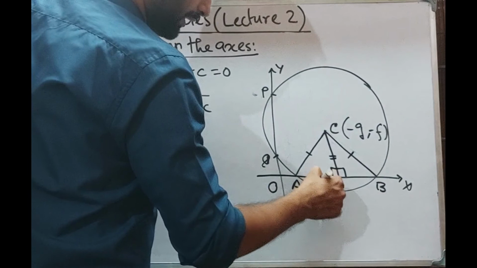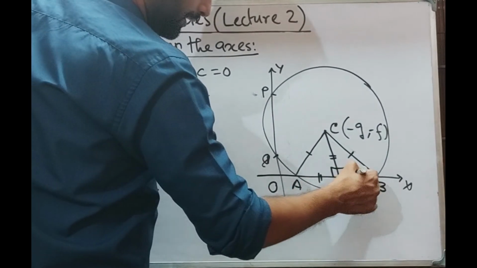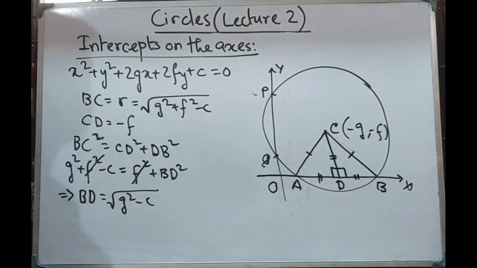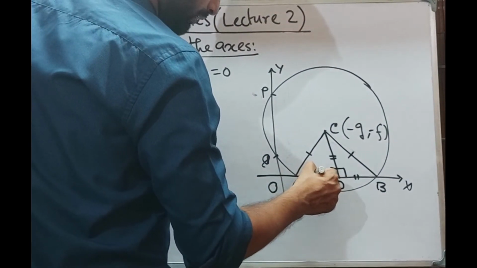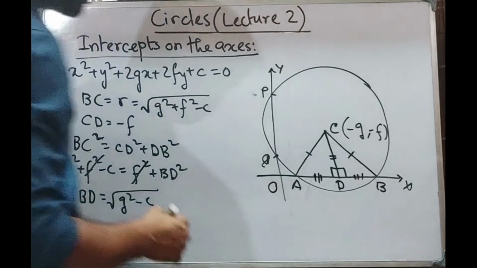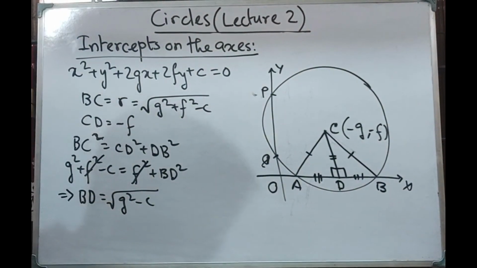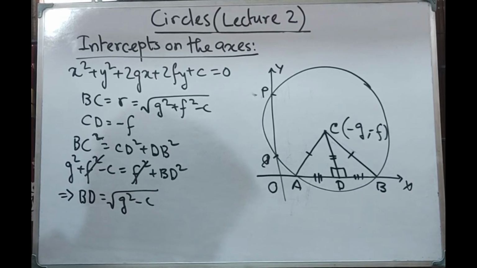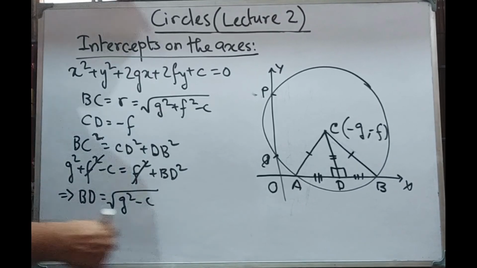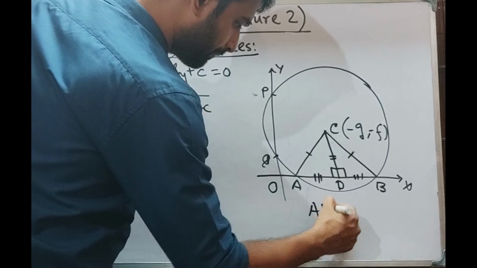So we can say that AD and BD are also the same. No, not that CD, AD and BD all are the same. Only AD can be taken as equal to BD.